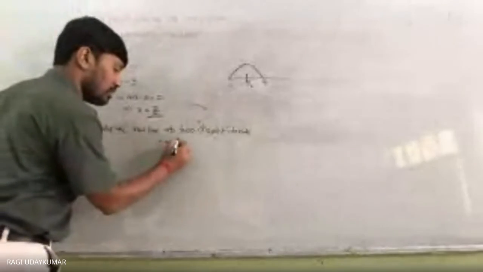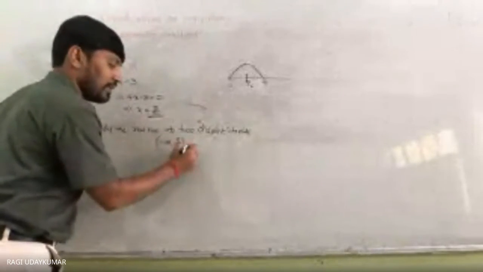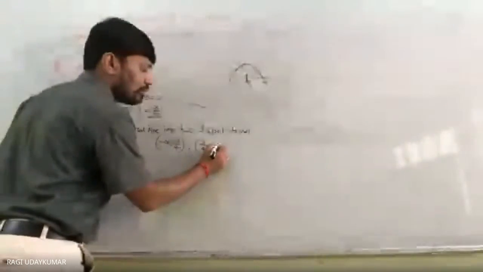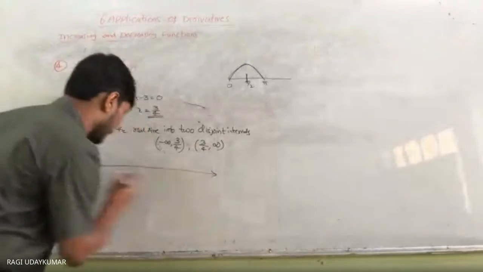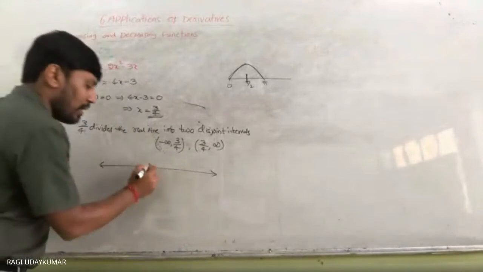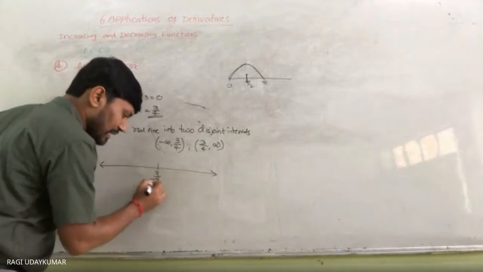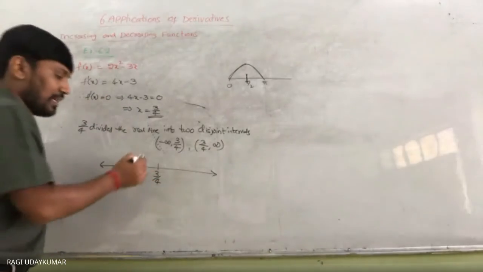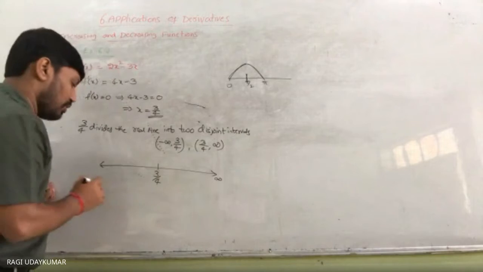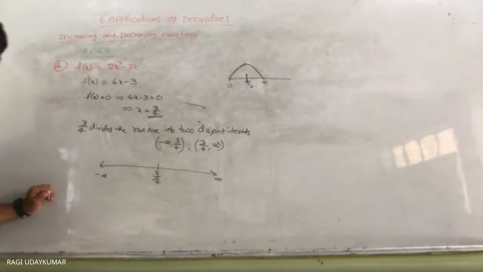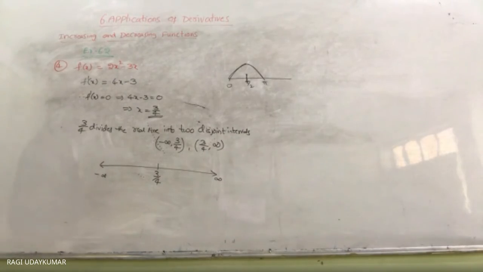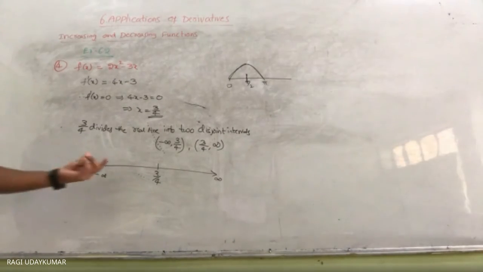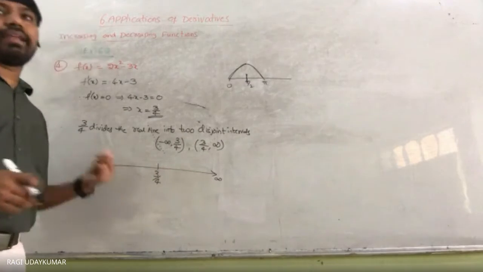Minus infinity to 3 by 4, and 3 by 4 to plus infinity. That means whenever you take a number line, at one place 3 by 4 will be there, and here it is negative infinity, a very big value. This is one interval, this is another interval, and you need to consider them.